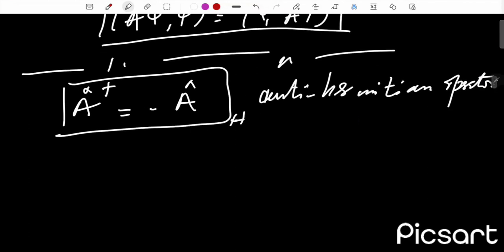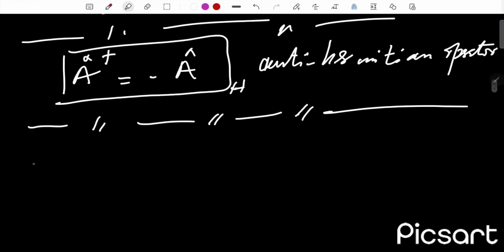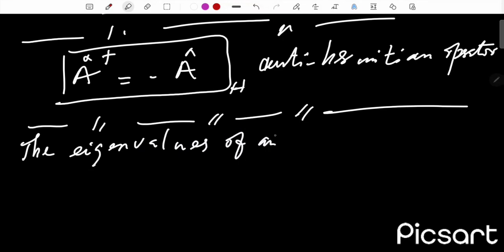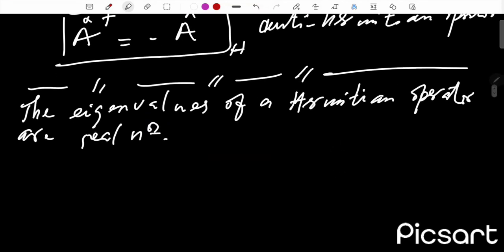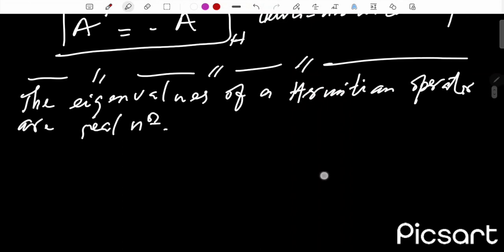Okay, now it's very important to say that the eigenvalues of a Hermitian operator are real numbers. Yeah, we can show this using the following case.